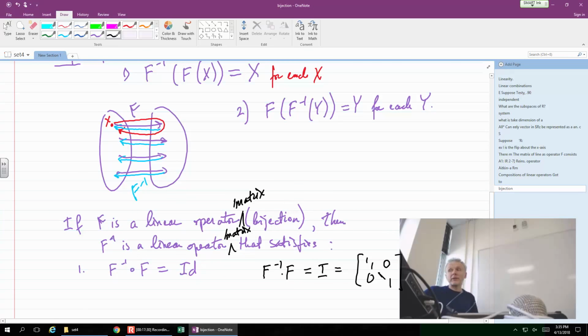And this is a matrix multiplication. So then the inverse matrix satisfies this equation on the right. The matrix multiplication with f will produce the identity matrix, and then we have the same story for the second equation: f composition f inverse is equal to the identity.